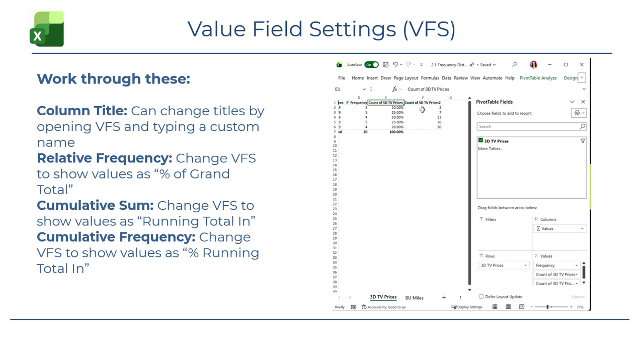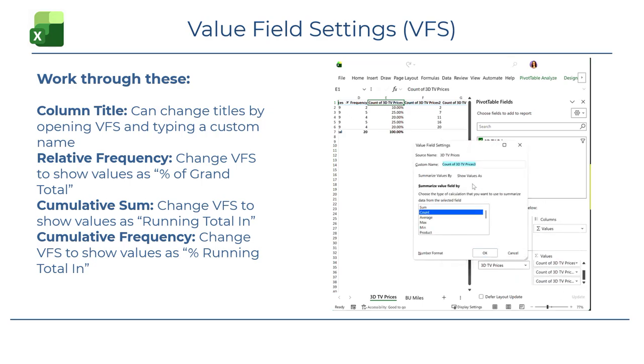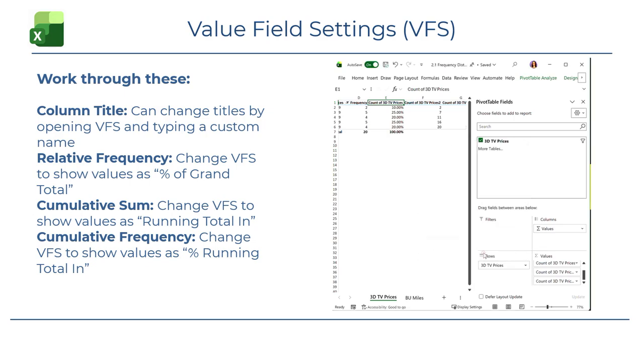And then I can do the exact same thing to change the value field settings to show values as percent running total in, if I wanted a percent instead. So value field settings, and then show values as percent running total in, and click OK.